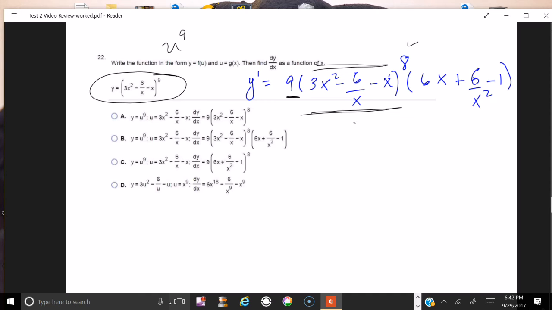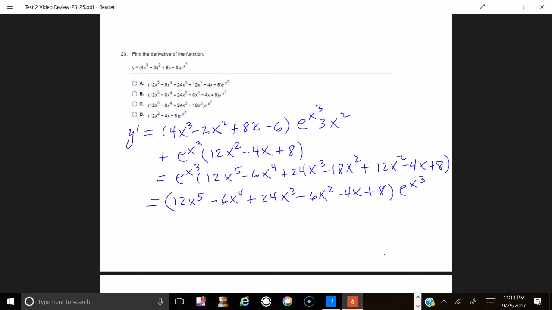So this is our u, and now we have to multiply the derivative of u times what we've already gotten, and that derivative is 6x plus 6x squared minus 1. So the answer to this is B. Everybody needs to be able to understand and use the chain rule, which is illustrated here.